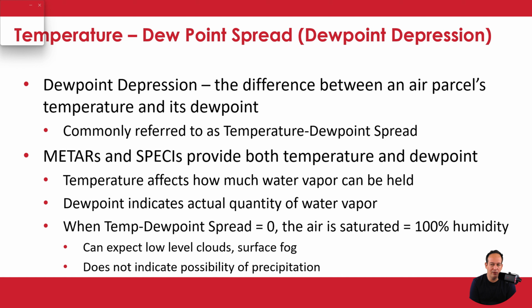And so when it is 100% relative humidity, we can expect low-level clouds, surface fog. And one thing I want to make clear is that even though the air can be 100% relative humidity, it does not indicate any possibility of rain or snow or anything like that. It's just an indication of what the relative humidity is.